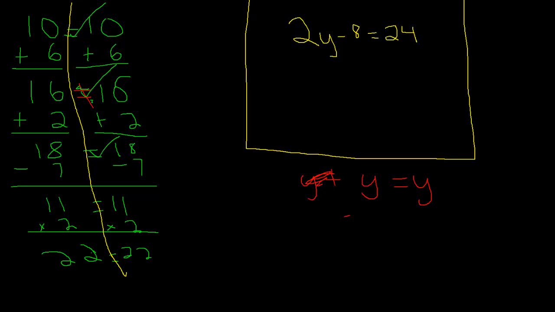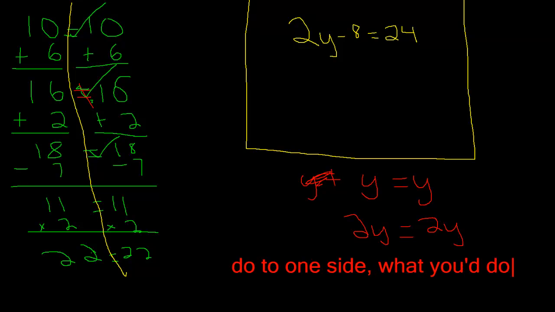We could make it 2y, but if we multiply by 2 on one side, we have to multiply by 2 on the other side. This is why the golden rule in pre-algebra is: do to one side what you do to the other side. So, for example, if we wanted to add 1 to this equation, we'd add 1 to it.